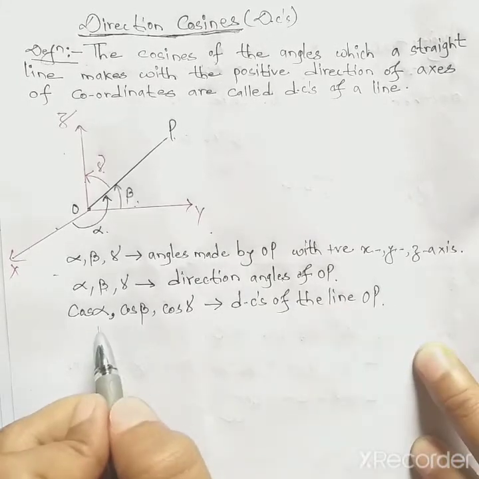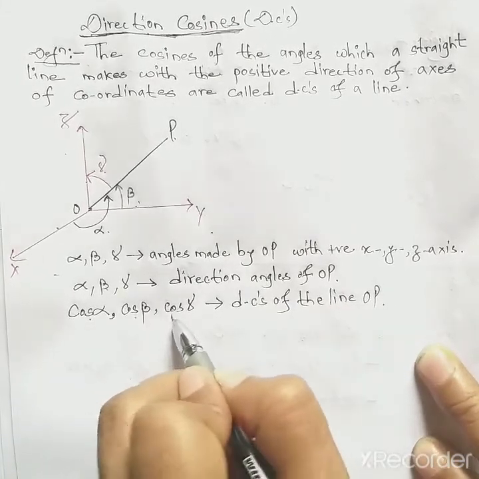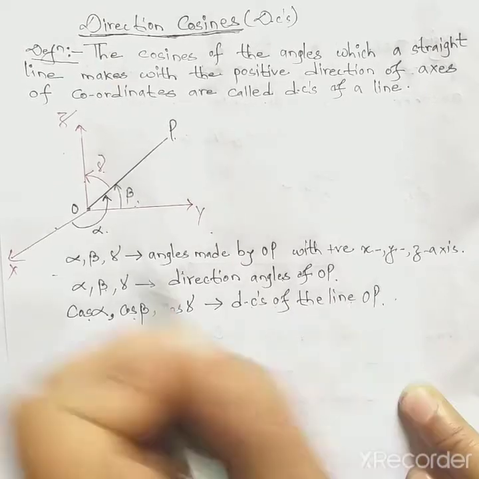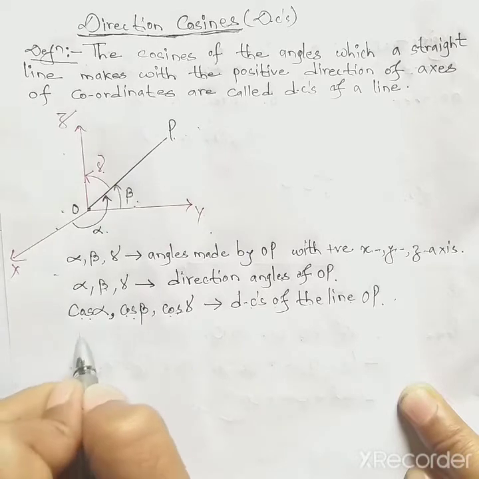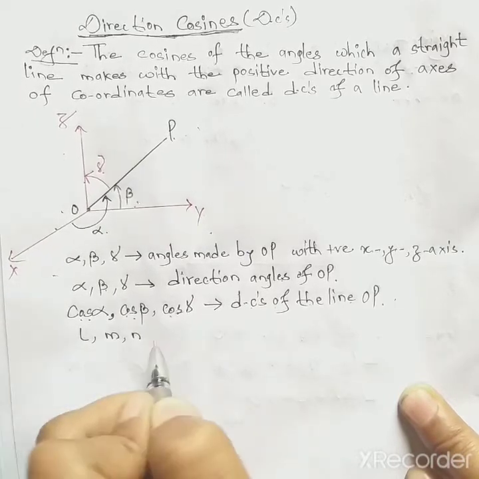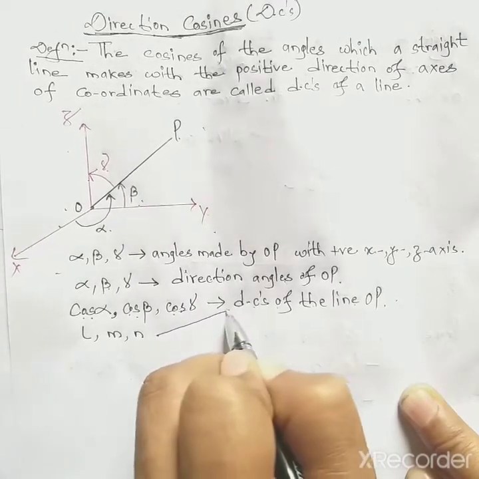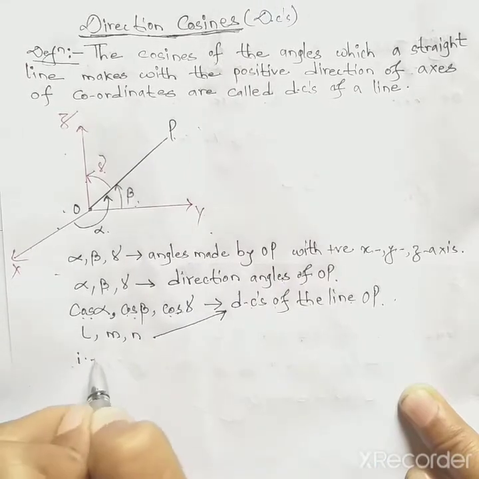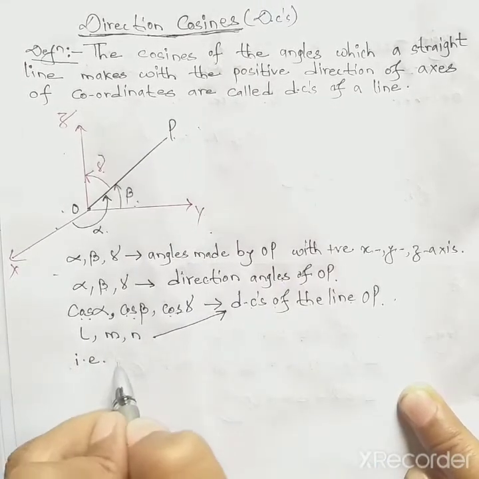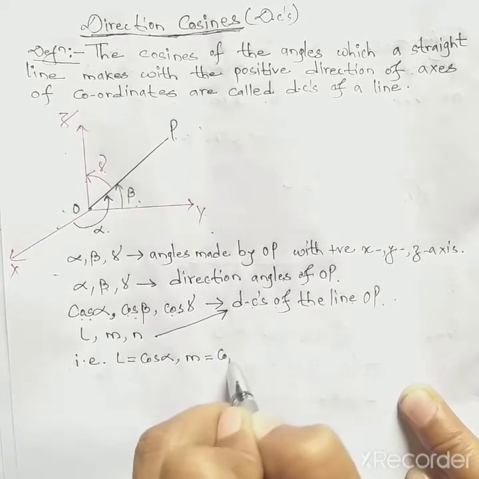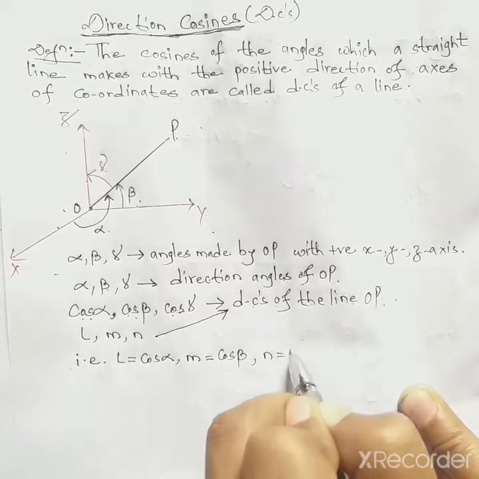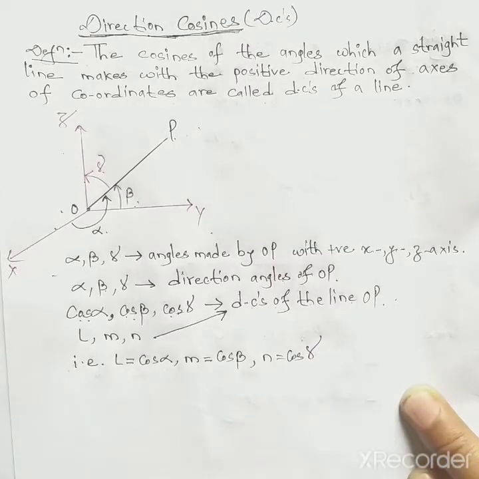These direction cosines are also denoted as L, M, and N. So what we conclude is that L equals cos alpha, M equals cos beta, and N equals cos gamma.